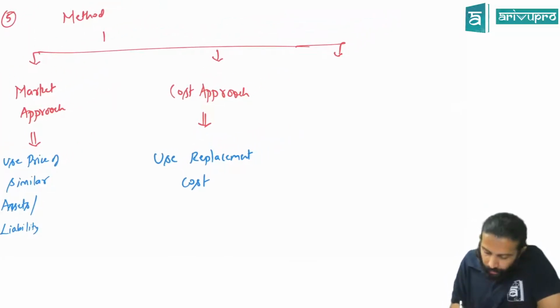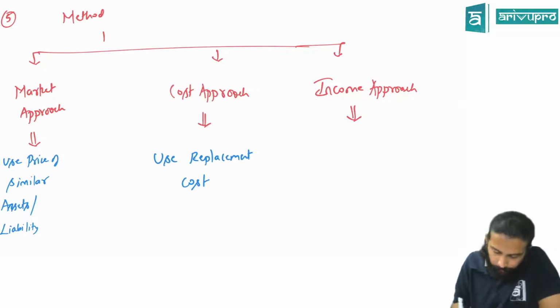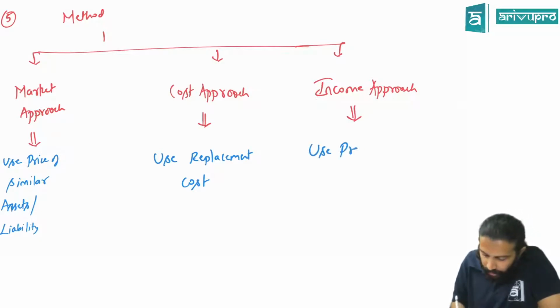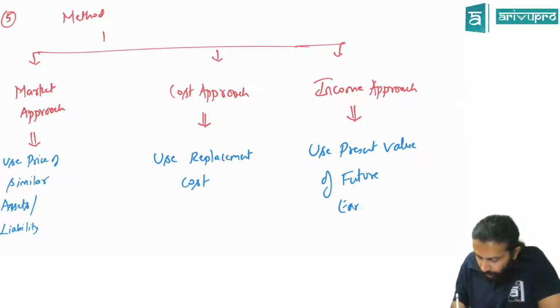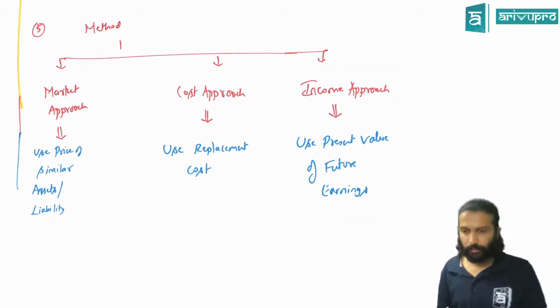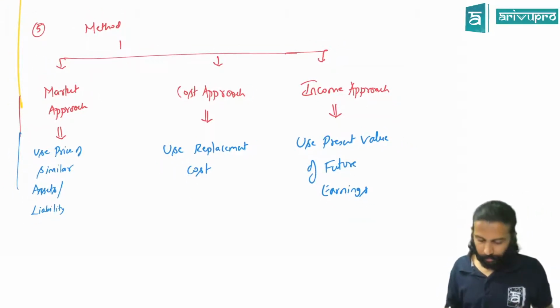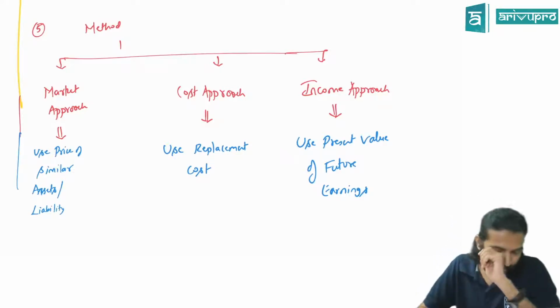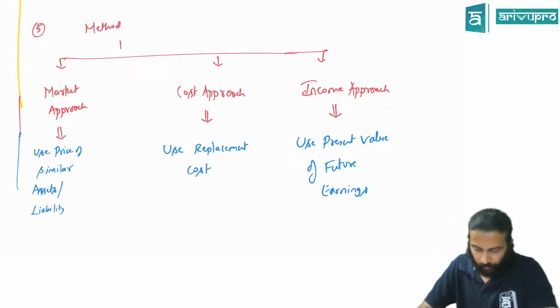Last one will be your income approach. Under income approach, you'll use present value of future earnings. These are the three methods under valuation technique.